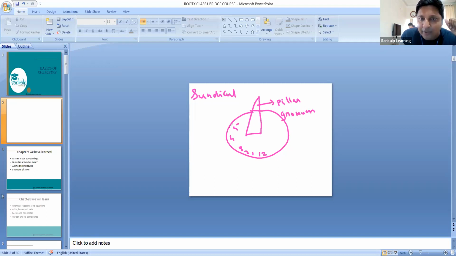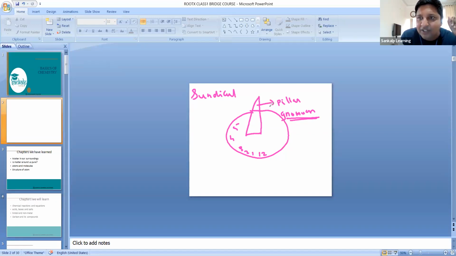In the daytime, you use this device to measure the time. You need to place the device in such a way that this gnomon is pointing in the north-south direction.